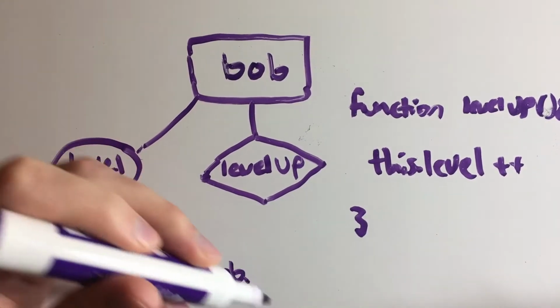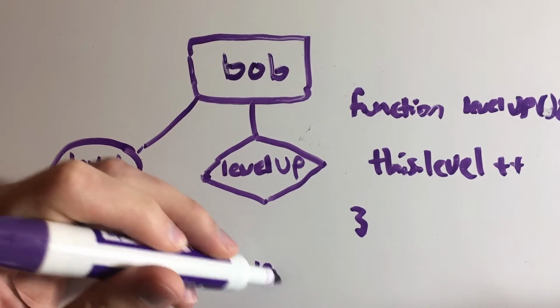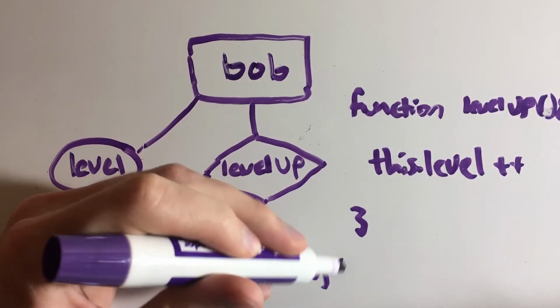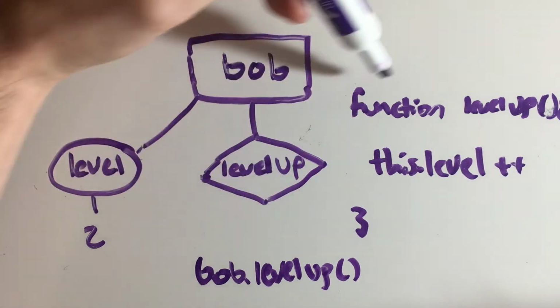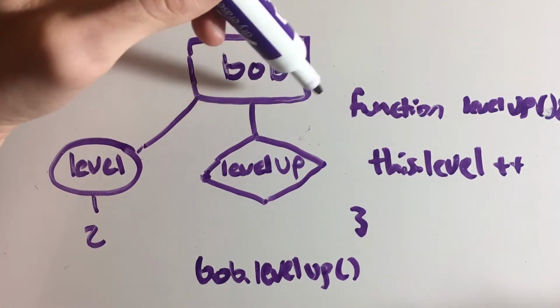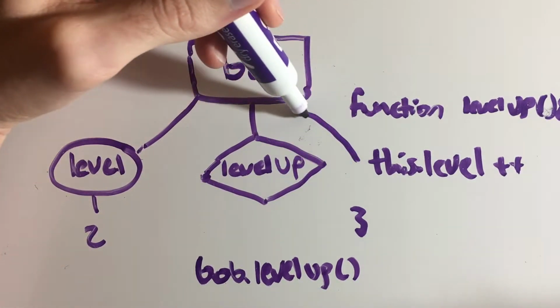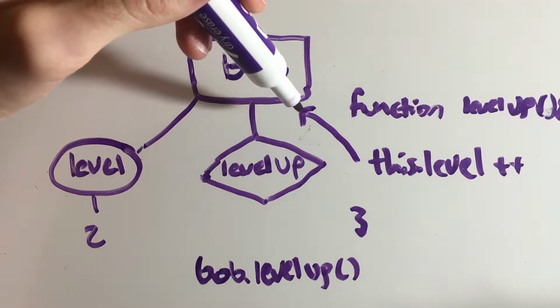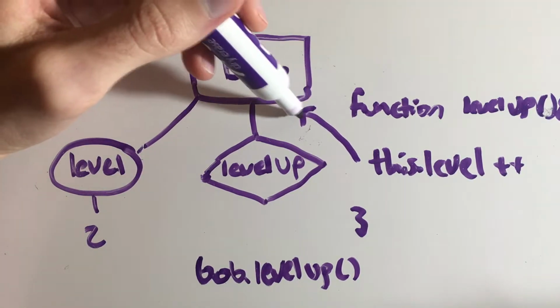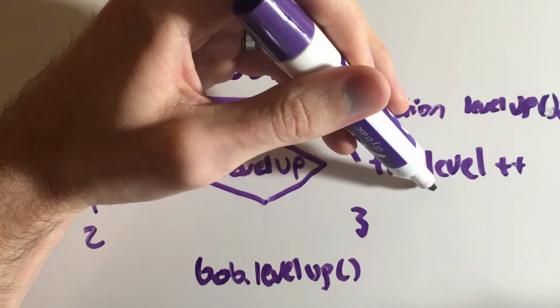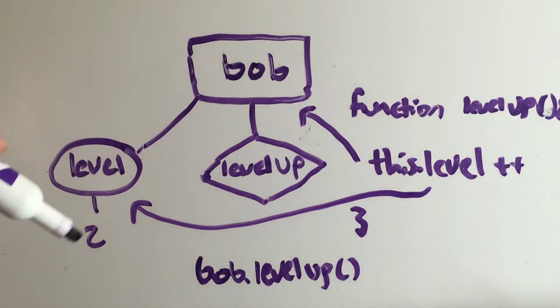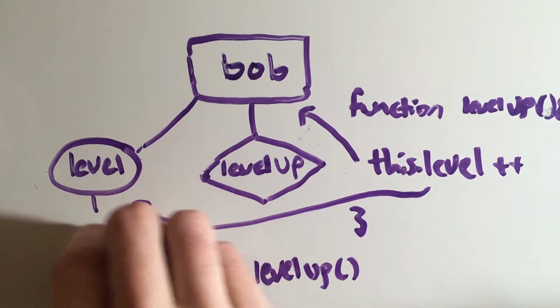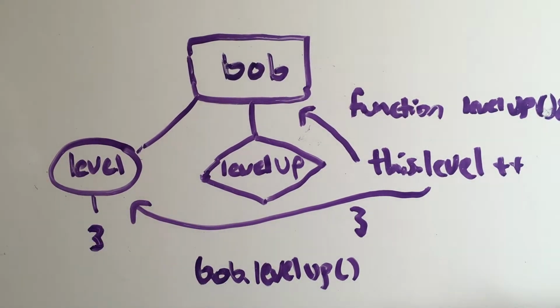To demonstrate invoking this function, we can do bob.levelup and call it like a normal function call. What happens behind the scenes is that when level up is called, this refers to the Bob object that it's bound to. And then the property level is going to refer to the level that's defined on the far left of this graph. All it's going to do is increment the 2 to 3 when the function is called.